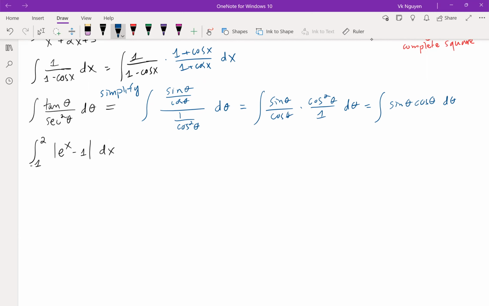When we deal with absolute value, we just have to be careful. The definite integral of an absolute value is always positive. My suggestion here is to sketch out the integrand.